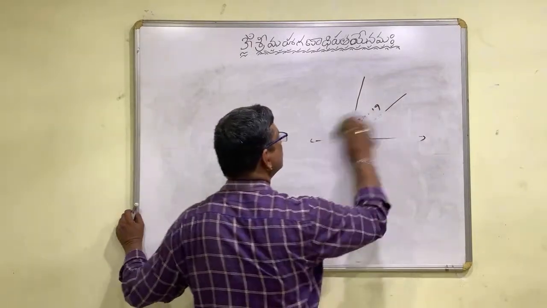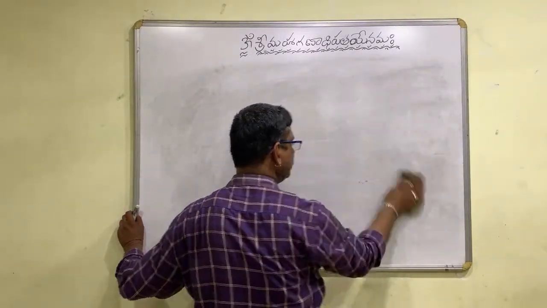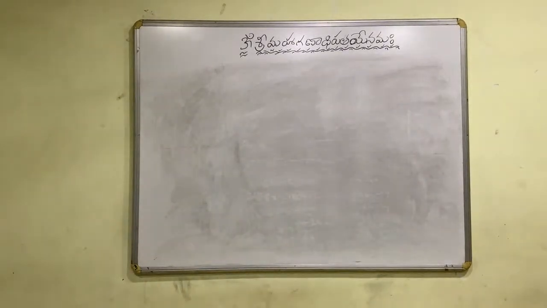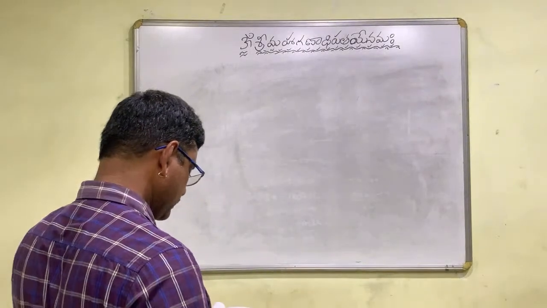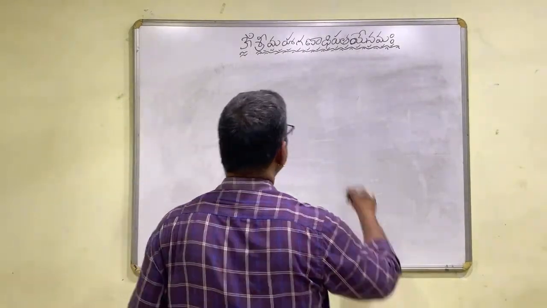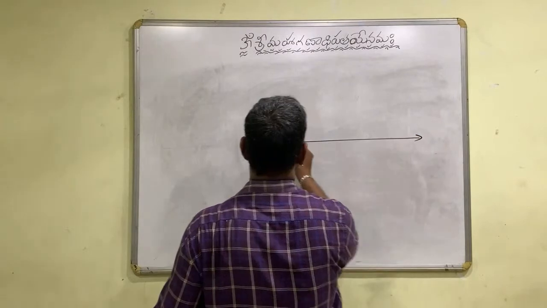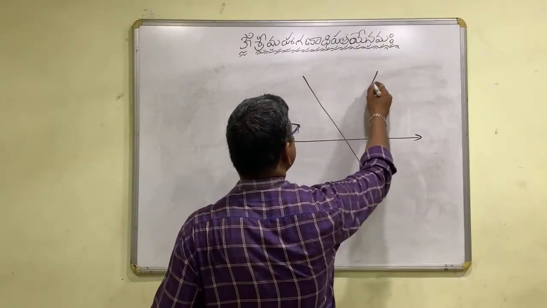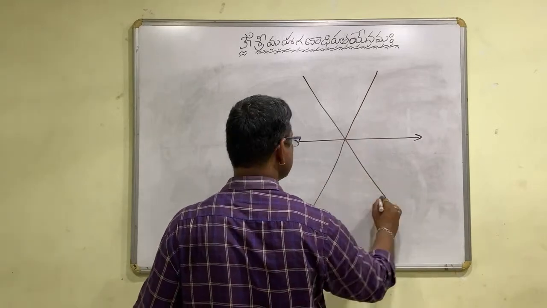Next question. Now, see here. 3 lines are intersecting each other like this.